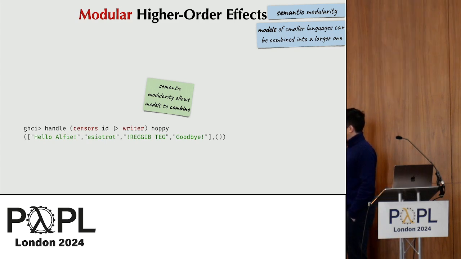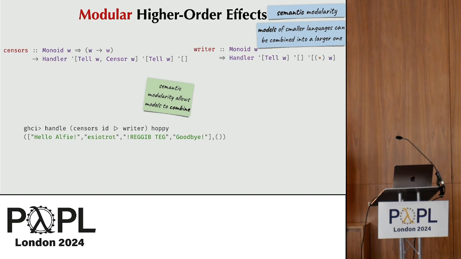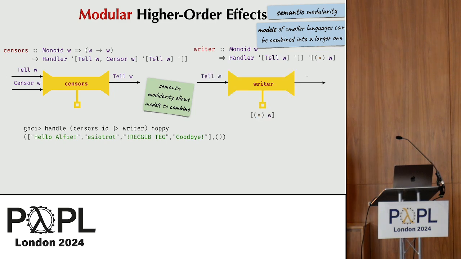And what I mean by that is that in this example where we have sensors and writer working on this tree, there were two different handlers at play. There's the sensors handler and there's the writer handler. And these two things have very different signatures. On the one hand, what the sensors is doing is it's taking tell and sensor operations and it's emitting tell operations. And on the other side, we've got the writer handler, which takes tell and emits nothing.